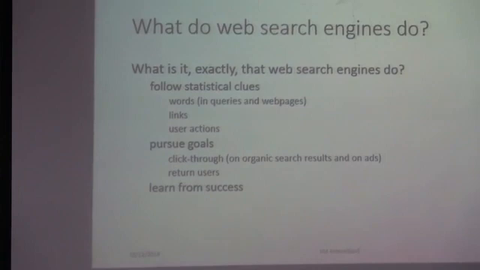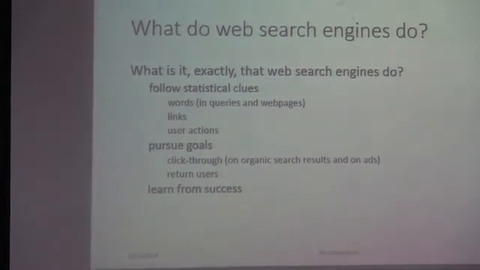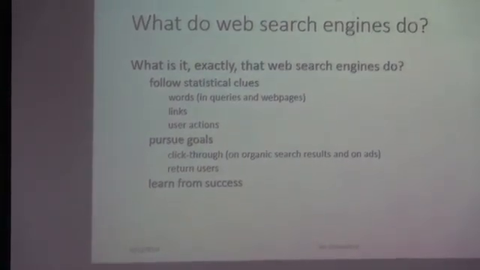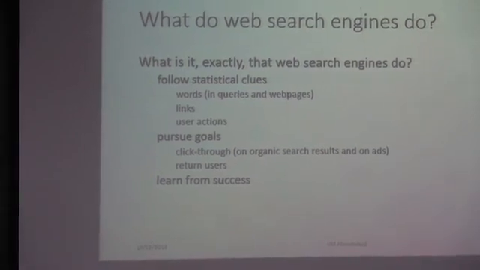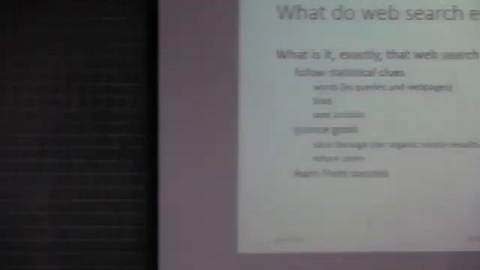So the result is these web search engines, which look very different from the first web search engines. They look even more different from anything you might think of from the library or scientific abstracts environment. So how would you think about what they do?